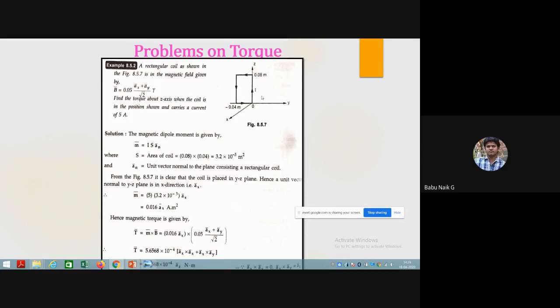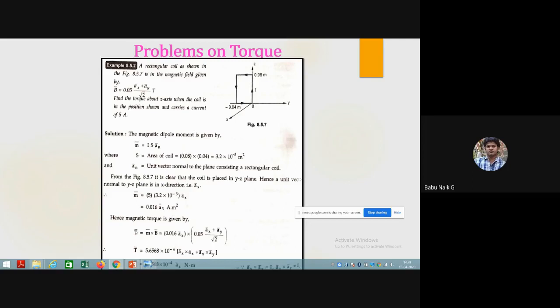So you can take the unit vector a cap n as a cap x, because the plane given is the yz plane. The dipole moment, with current I into S, gives 0.016 a cap x ampere per meter square.